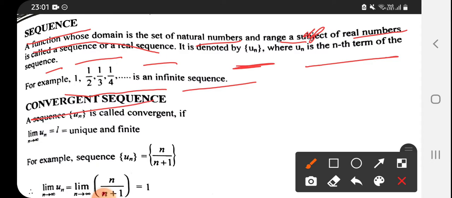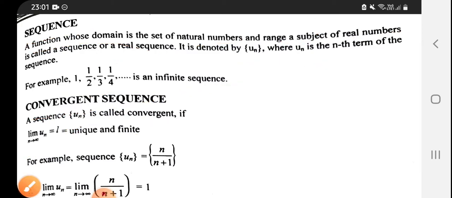Convergent sequence. A sequence un is called convergent if the limit as n tends to infinity of un is equal to l, a unique and finite number. For example, n divided by n plus 1.